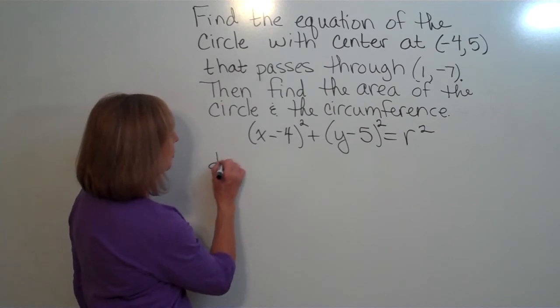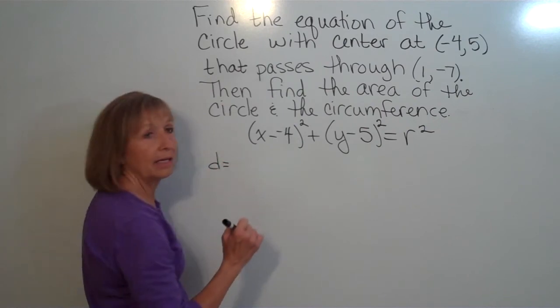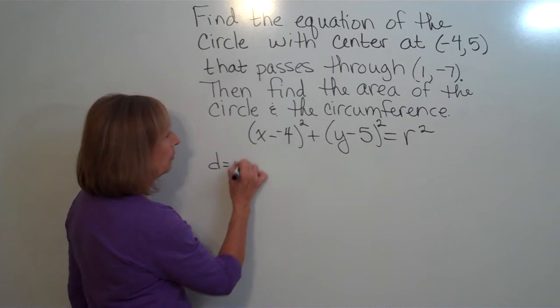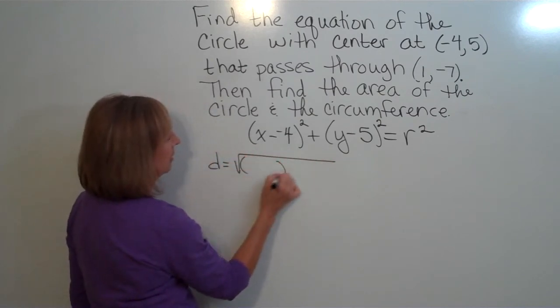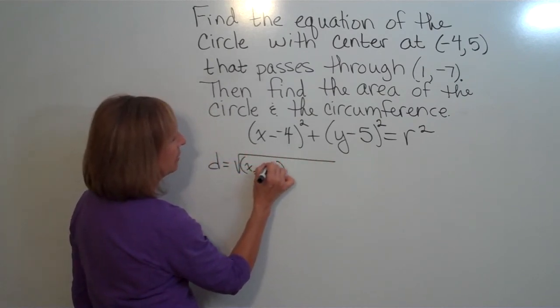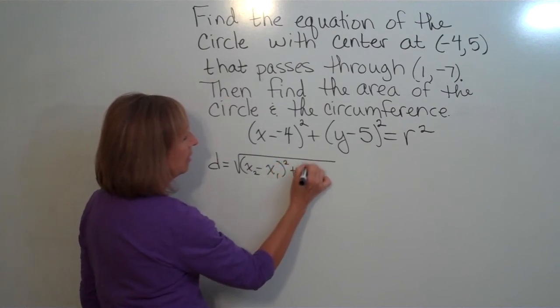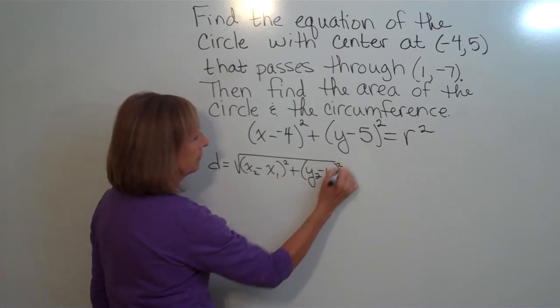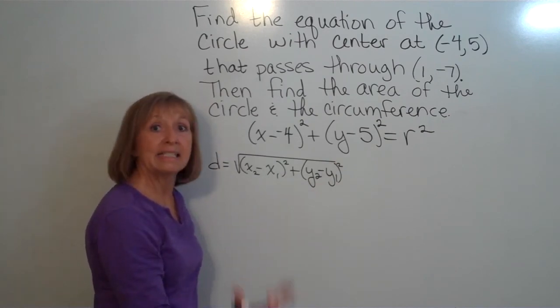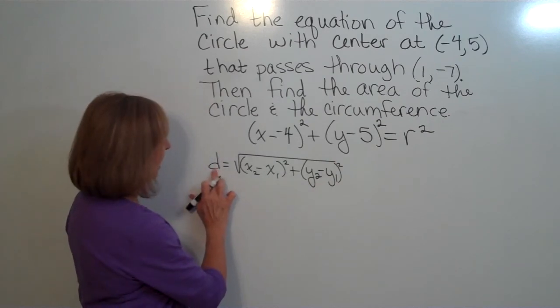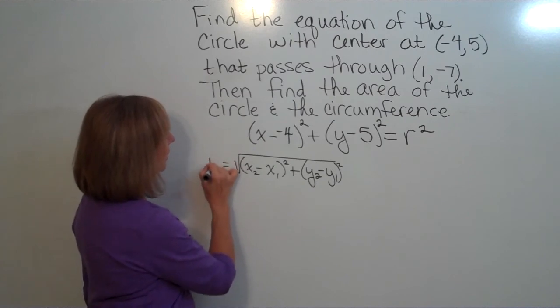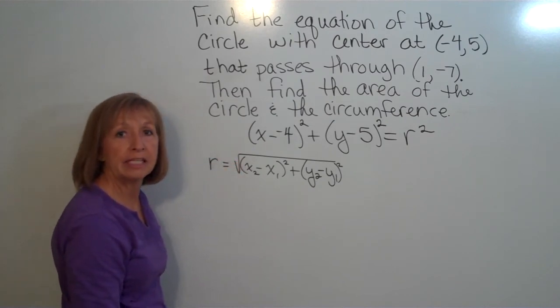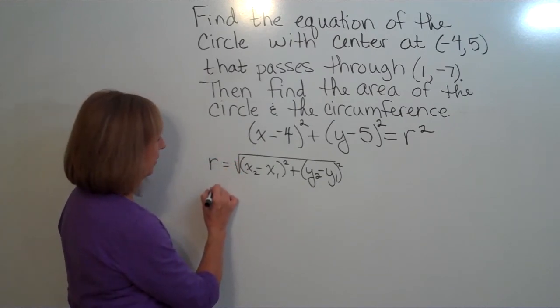Well, the distance between 2 points on a plane is the square root of the difference of the x coordinates quantity squared plus the difference of the y coordinates quantity squared. And it's our fixed distance now that's the radius, so I could actually just call this r instead of calling it d for this particular application.